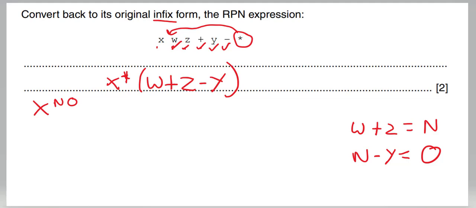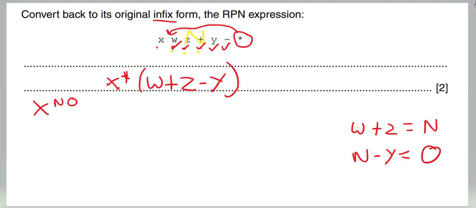So the steps again, just one more time. What I did is I went along the expression until I got 2 operands followed by an operator. I wrote them out, W add Z, and I gave it a new letter, like a shortened expression, and I put it here. I then used this new expression to combine it because it's basically an operand, so we had N, which is basically this, Y, and a minus.